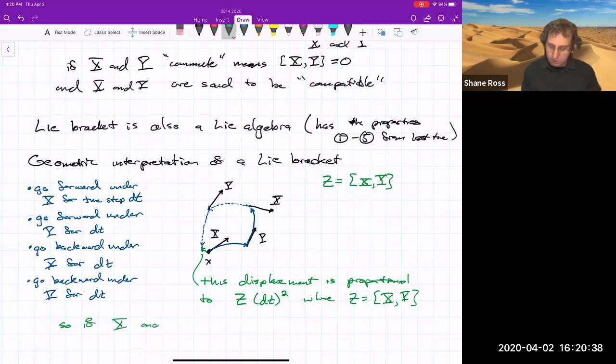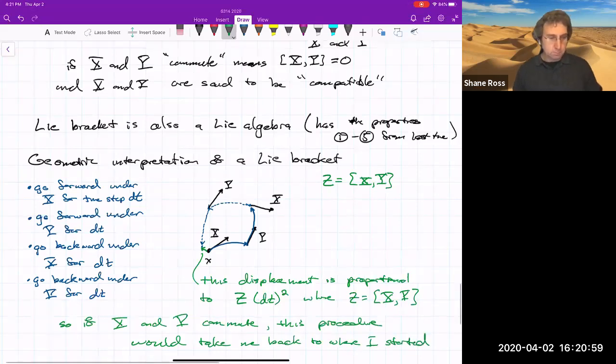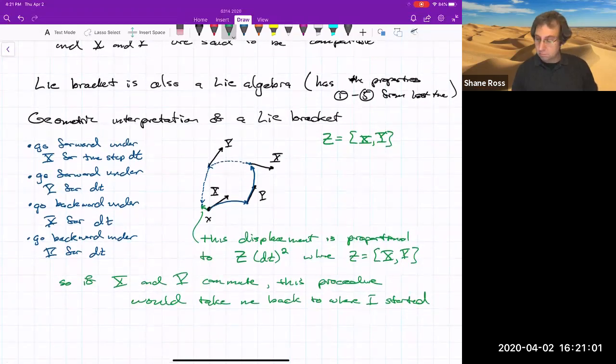If X and Y commute, this procedure would take me back to where I started. But in general it won't, because two random vector fields probably are not going to commute.